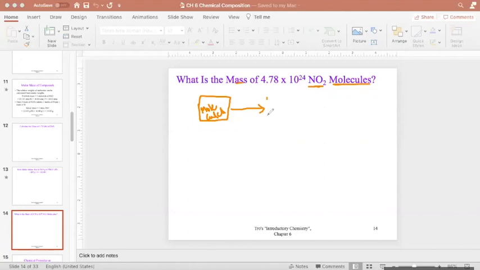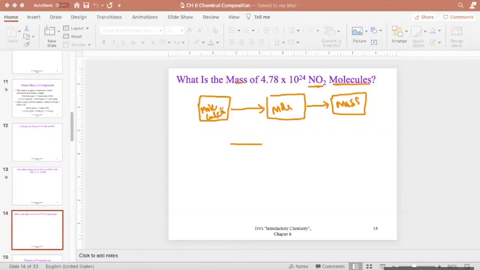So mole has to be in center. You cannot bypass moles. If you have to go from one extreme to other extreme, you have to pass through mole. And then once you know the moles, you can get mass. Right, so everything depends on that solution box. If you remember that sequence, you can solve every problem.